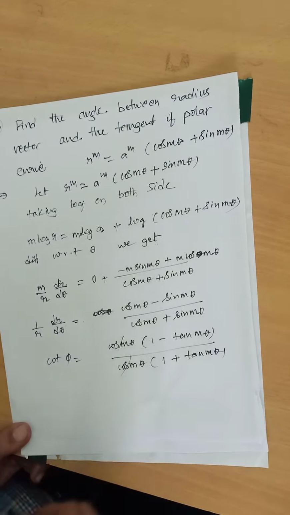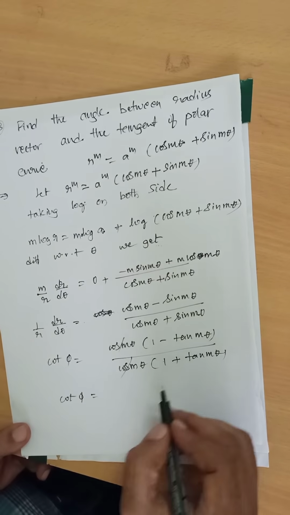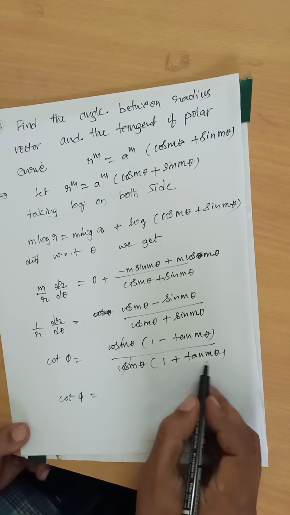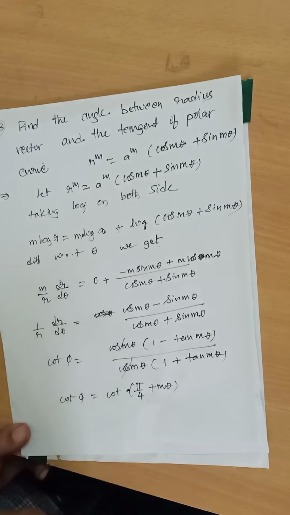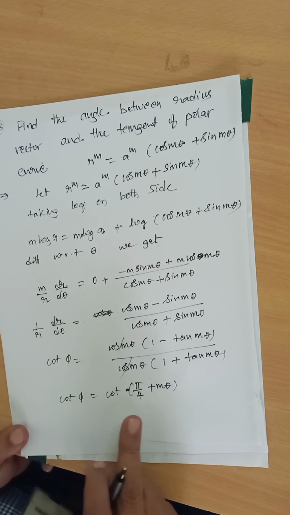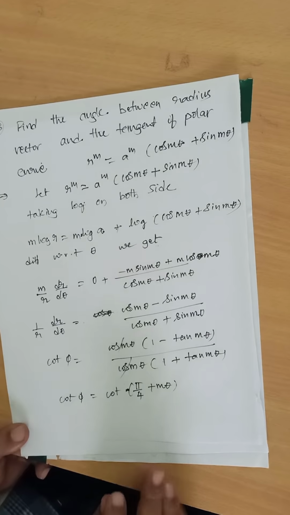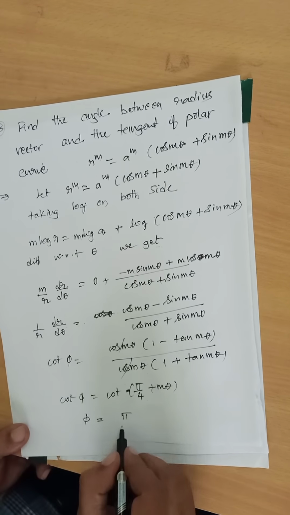Cos m theta cancels, cot phi is 1 minus tan m theta by 1 plus tan m theta. You are familiar that cot of pi by 4 plus m theta is equal to 1 minus tan m theta by 1 plus tan m theta. Therefore cot cancel, you will get phi is equal to pi by 4 plus m theta, the required angle between the radius vector and the tangent. Write on this.